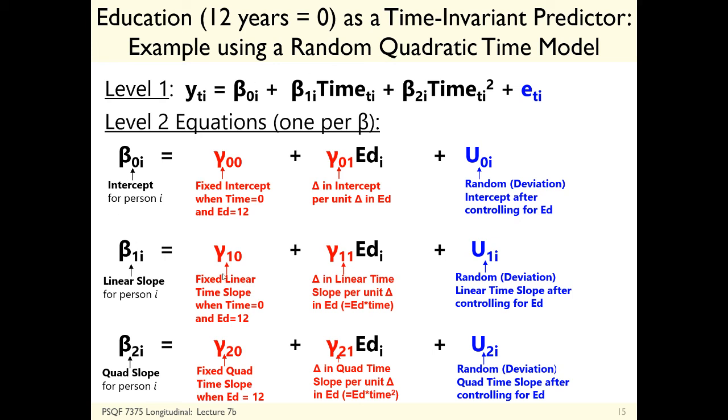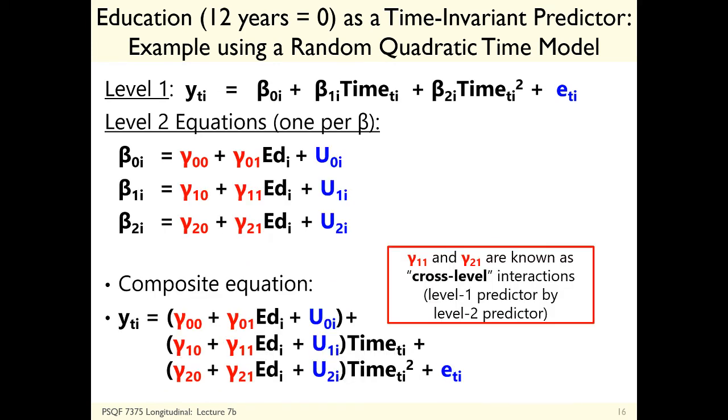So these 2 terms right here, this 1,1 and 2,1, these are known as cross-level interactions because they involve, and I'll write it as a composite here, a level 1 predictor interacting with a level 2 predictor. So in these models, you can have level 1 predictors and level 2 predictors. You can have cross-level interactions.